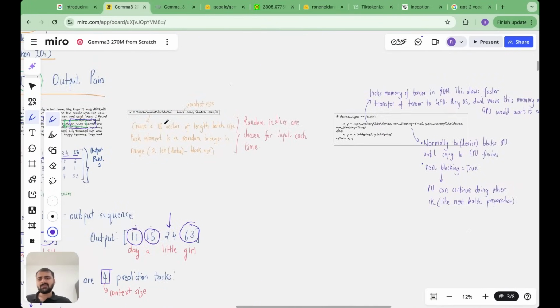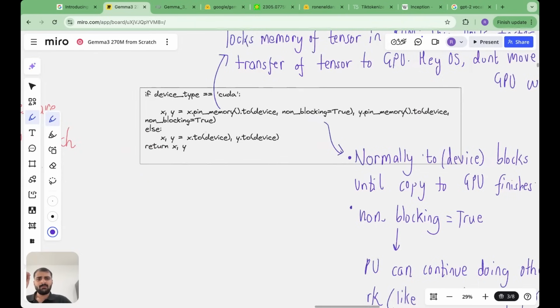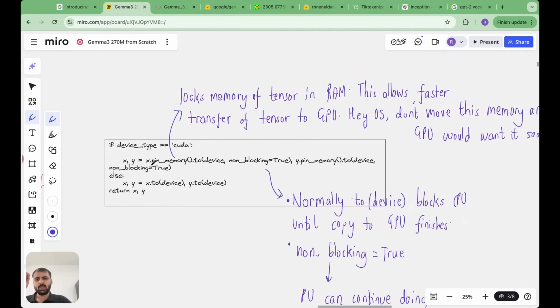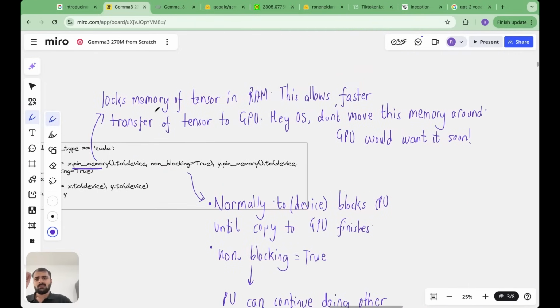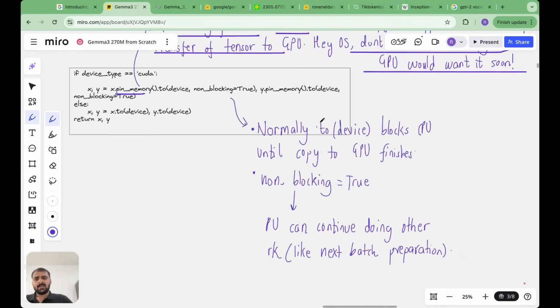Okay, there are some things in the code which I have mentioned over here. For example, in the code, we'll see something like x.pin_memory. The whole purpose of pin memory is that it locks the memory of the tensor in the RAM. This allows faster transfer to the GPU. It's like saying, don't move the memory around, the GPU would want it soon.